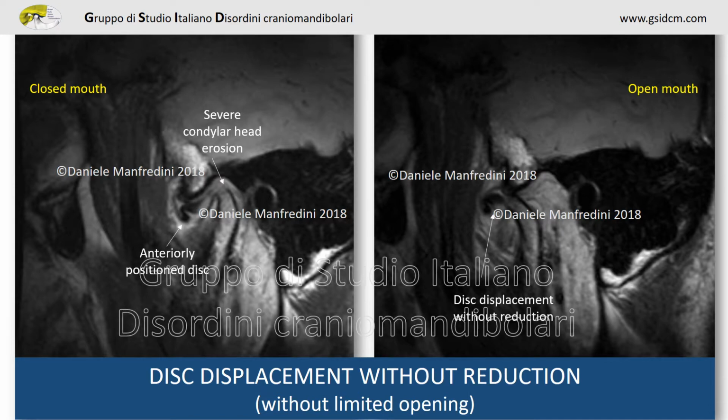The disc may assume a typical hook-shaped position and it is moved forward by condylar translation, which remains physiological in spite of the obstacle represented by the temporomandibular joint disc. In these cases, the diagnosis is disc displacement without reduction and without a limited opening.